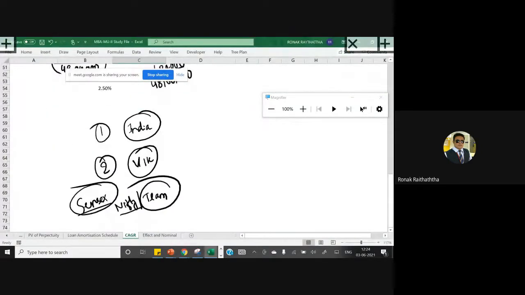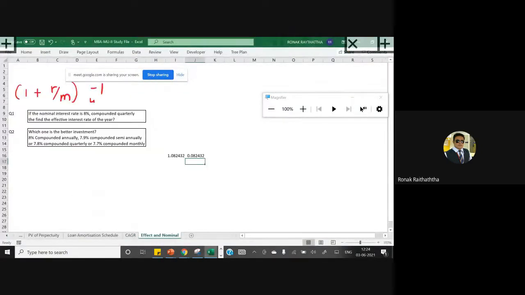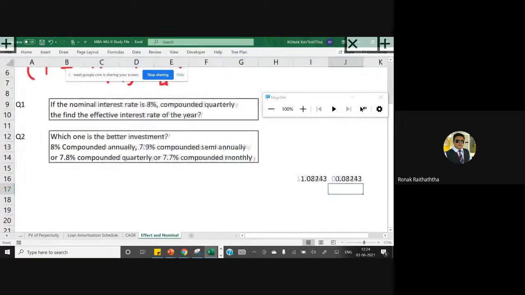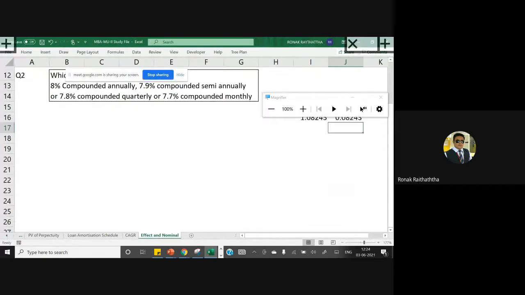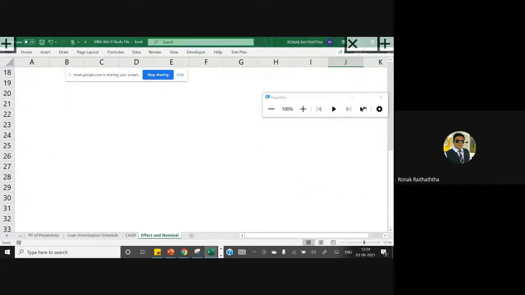Okay. Let's go to one more concept called effective and nominal. Try to understand this example first, then I'll take you to that. Everyone, please put the focus again. Say you had invested 100 rupees, 10 percentage was your expected rate of return.